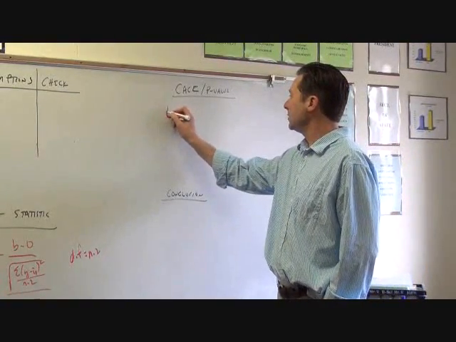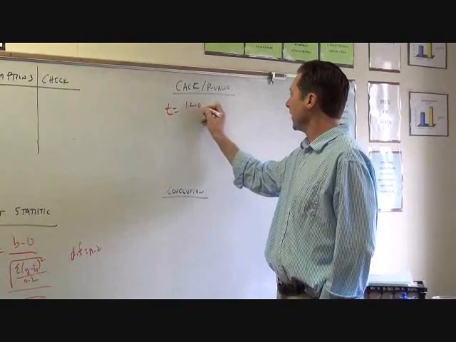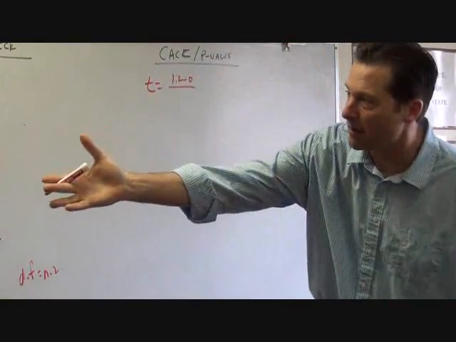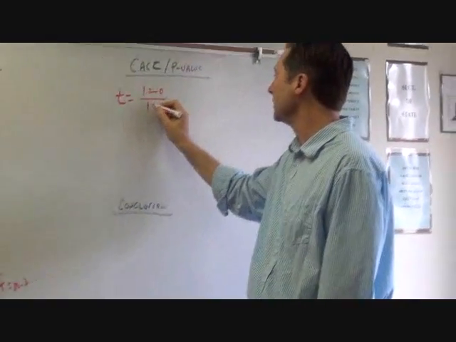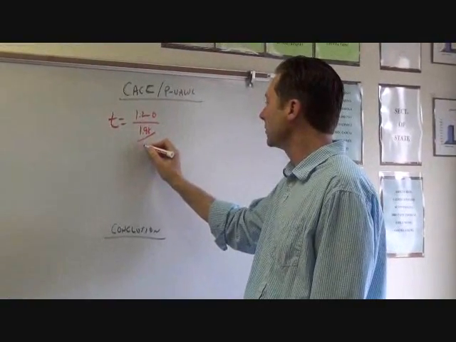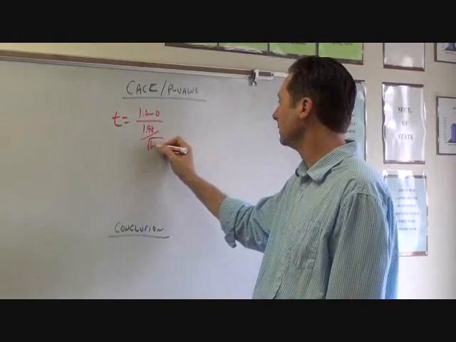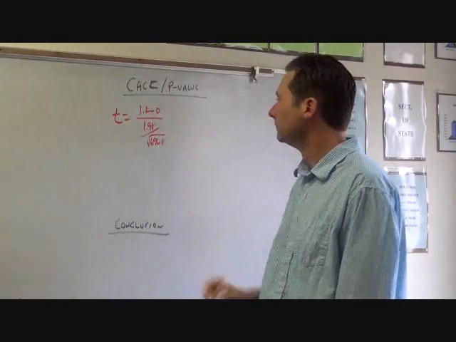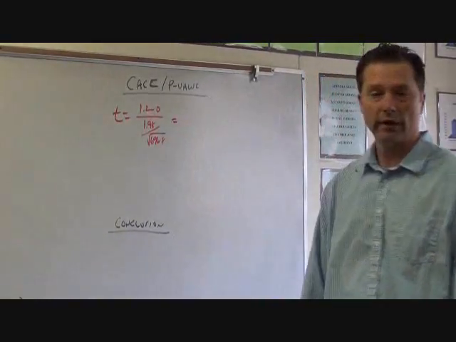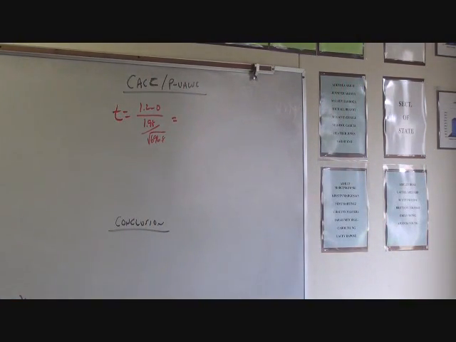Alright, let's go find that t-score. So it's 1.2 minus 0, and then we got that same game here. So I guess 1.98 divided by the square root of 696.8. Throw that into your calculator, see what we get. How many standard deviations is 1.2 away from 0?